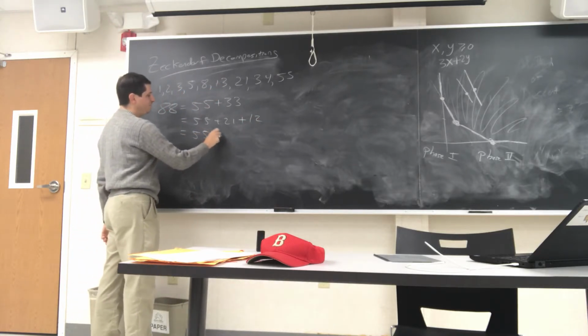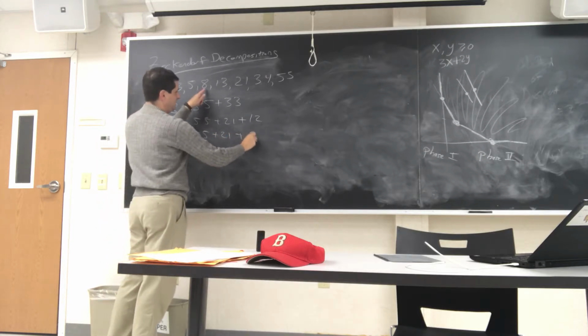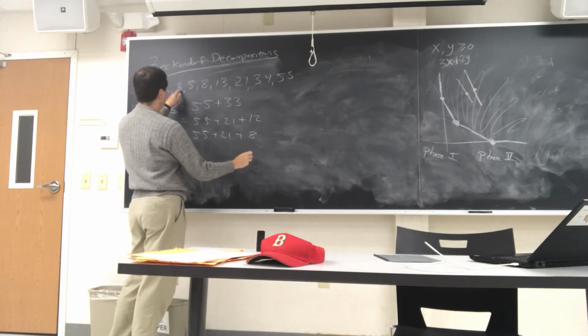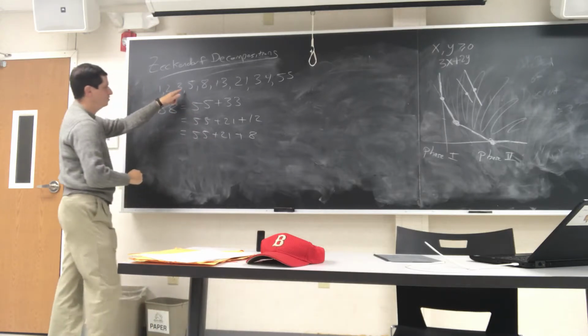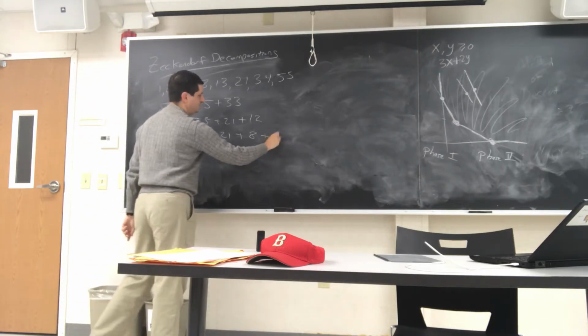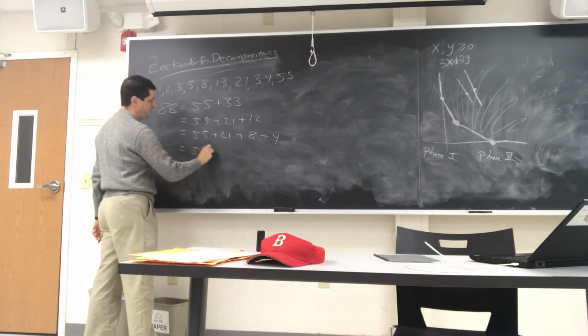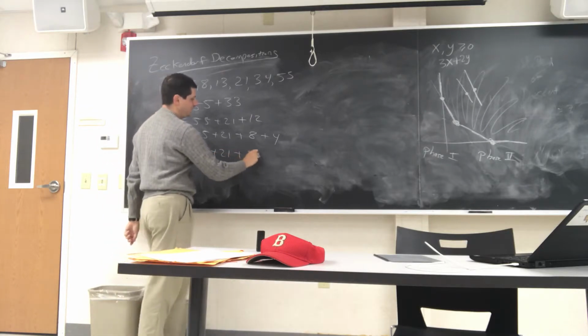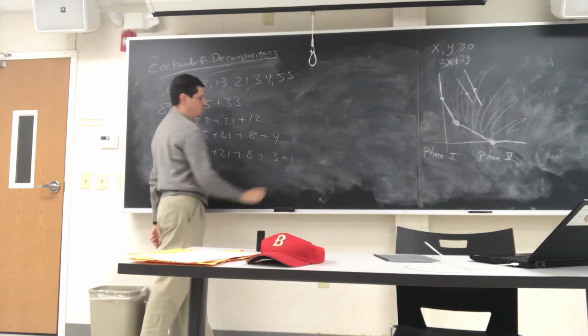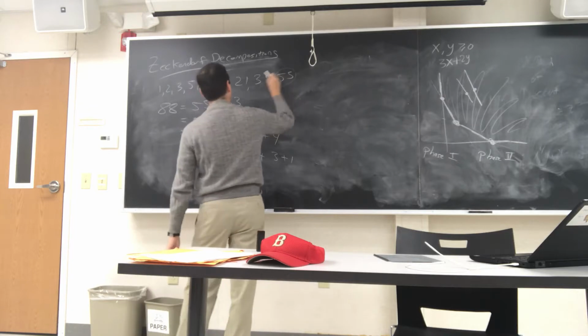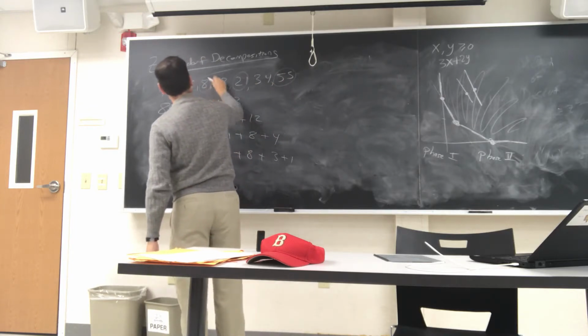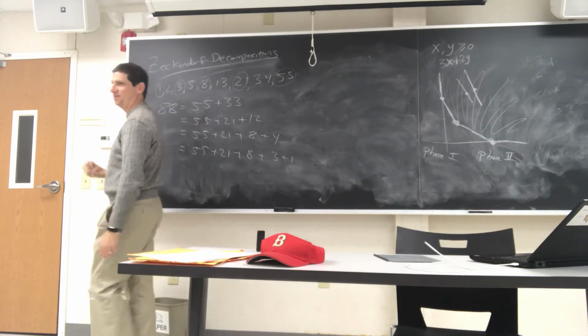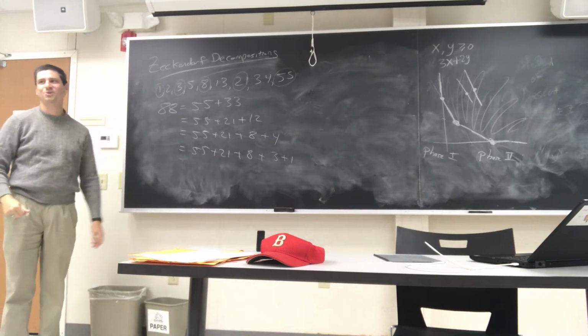So it'll be 55 plus 21 plus 8, and then it should be 1 less than 5, so it should be 4, yep. And then it will be 55 plus 21 plus 8 plus 3 plus 1, and we're now done. So we'd actually get 55, 21, 8, 3, and 1. You gave me the longest possible one to do.